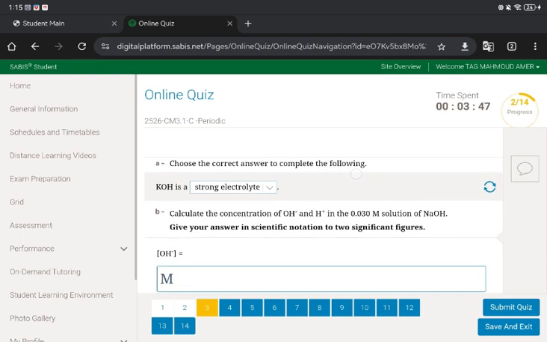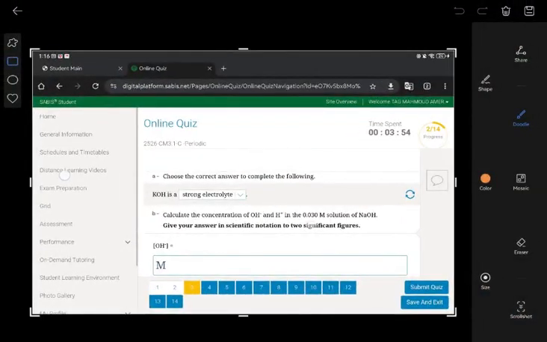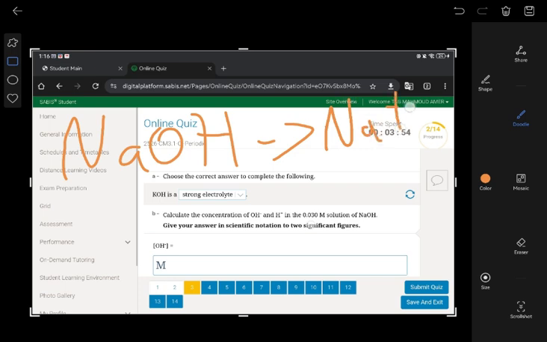But look here, they tell you to calculate the concentration in the 0.03 solution of NaOH. So NaOH gives you Na plus and OH minus. Again, it's 1-to-1 ratio, so the concentration here is the concentration here.